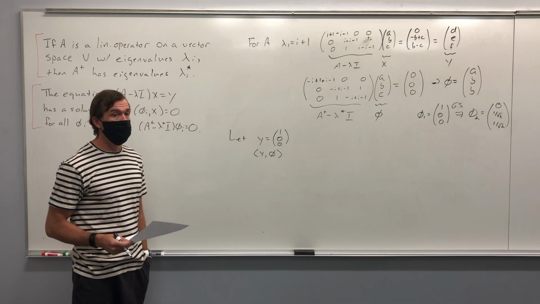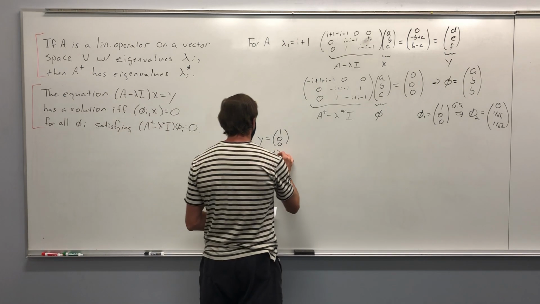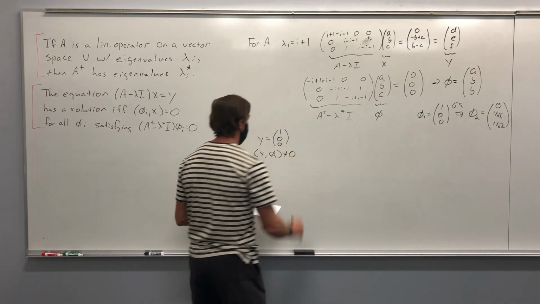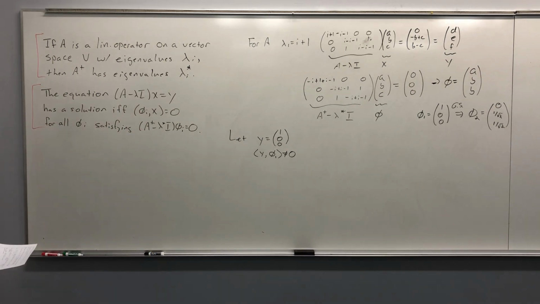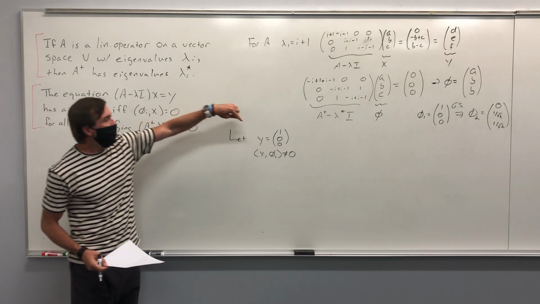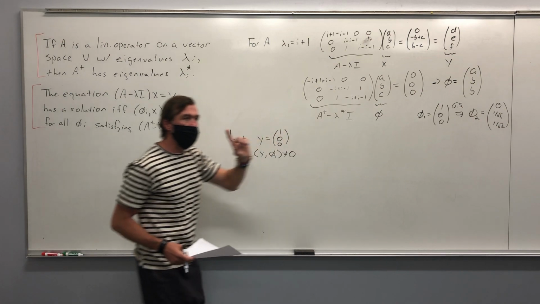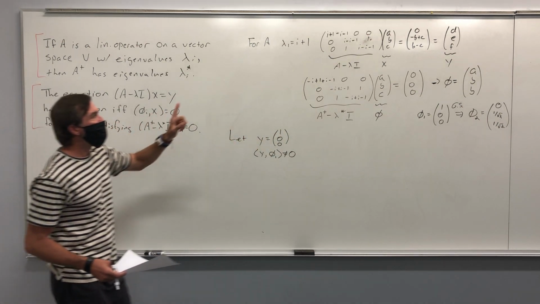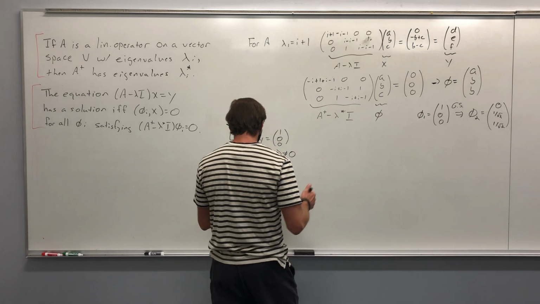With phi 1, well, no. Huh. Well, that means that if I take y to be 1, 0, 0, then by this theorem, there should not be a solution to this. Let's see.